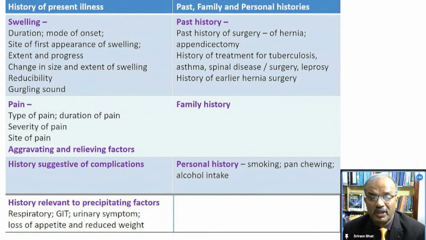Urinary symptoms, prostate, stricture urethra, straining during urine, old age. All this increases the intra-abdominal pressure and weakens the posterior wall of the inguinal canal, allowing the contents to descend down.